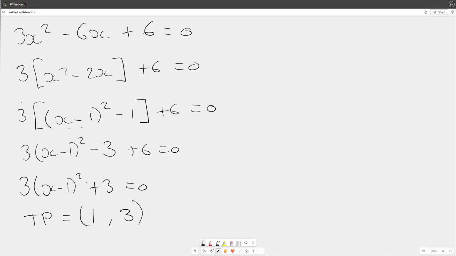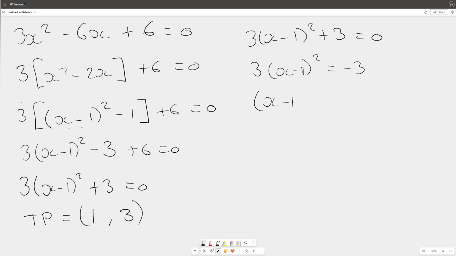And let's see if there's any solutions to this. So I'll rewrite this equation out here. 3 times by x minus 1 squared equals minus 3. Divide both sides of the equation by 3. Oh, that's not a 3, that's a 2.